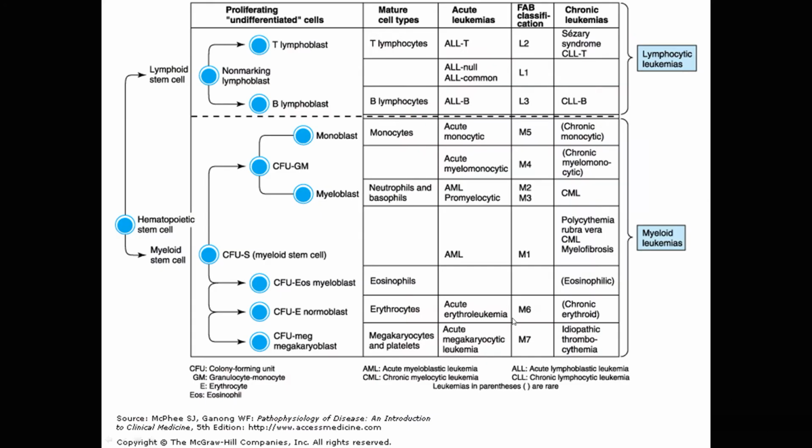In accordance with the type of the cells, leukemias are lymphocytic, a synonymous term, or myeloid. They originate from either lymphoid stem cells or myeloid stem cell precursors. Further, they are divided in accordance with the outcome into acute leukemias and chronic leukemias.